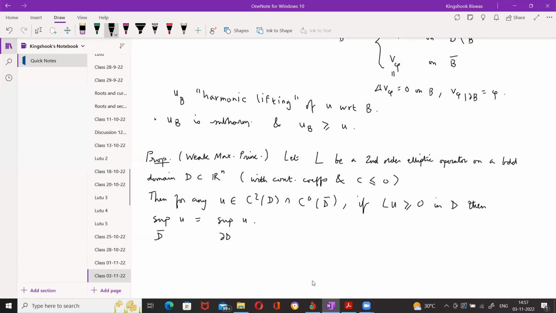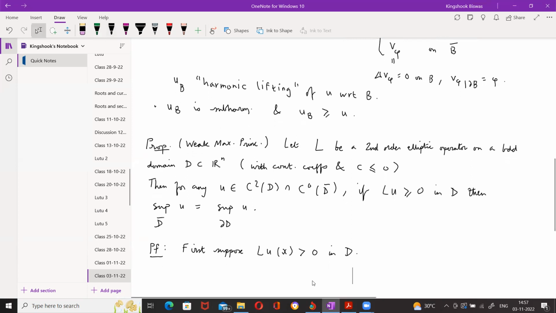Okay. So proof. First, let's suppose we have a slightly stronger hypothesis. Suppose Lu is strictly positive at all points in D. Then this weak maximum principle is easy to prove.